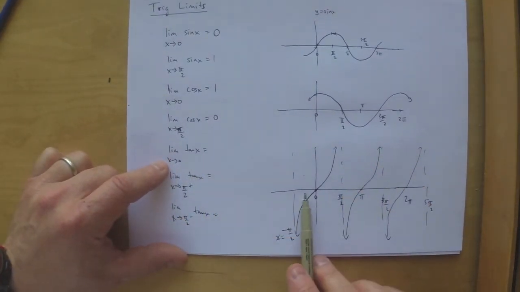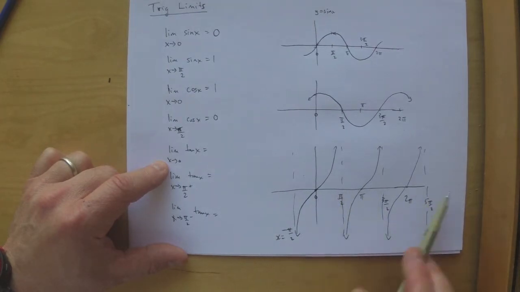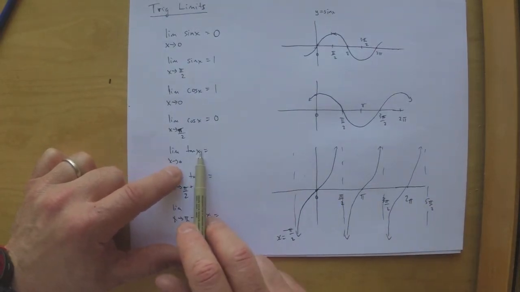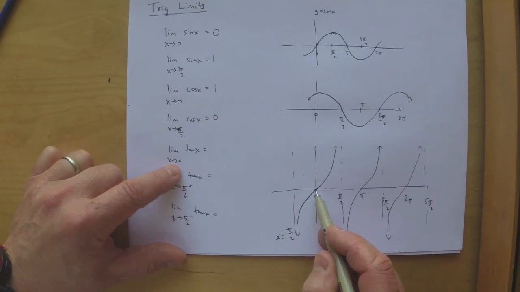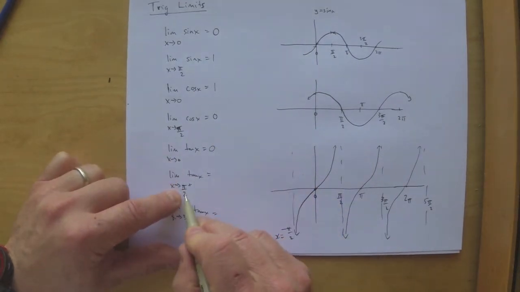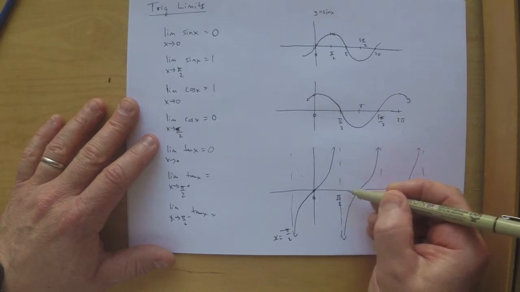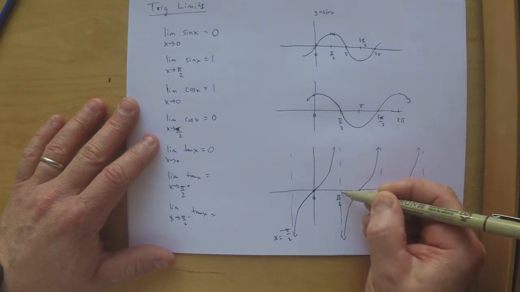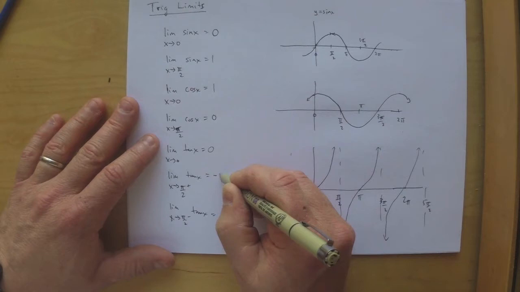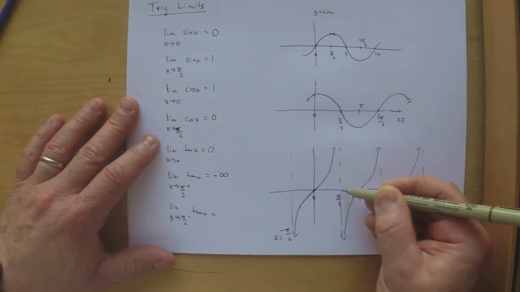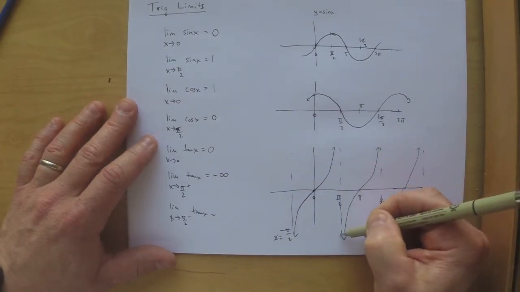Tangent, make sure you know your tan graph with all the asymptotes, good times. Tan of 0 is either 0, or just look at the graph at 0. Tan of pi over 2 from the right: as I approach this from the right side, according to the graph, it is negative infinity. So there's me approaching pi over 2 from the right. Oh, I'm way down here.